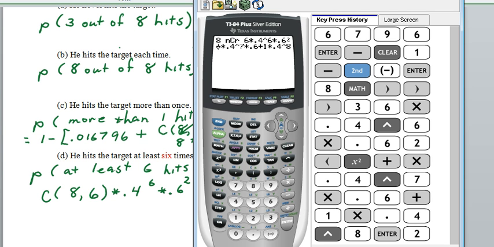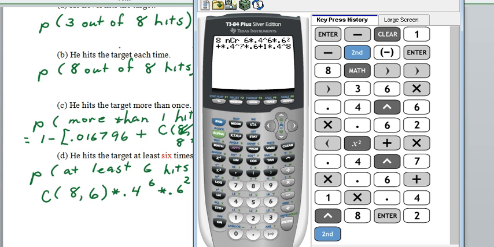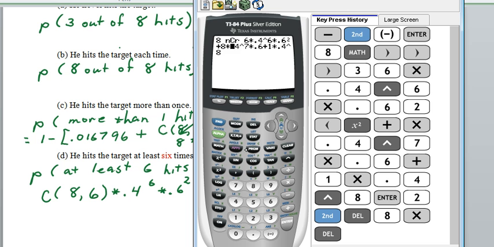I'm supposed to have, and I'm going to go second insert, and right here, I'm going to enter the 8, and then times 8 times 0.4 to the 7th times 0.6.